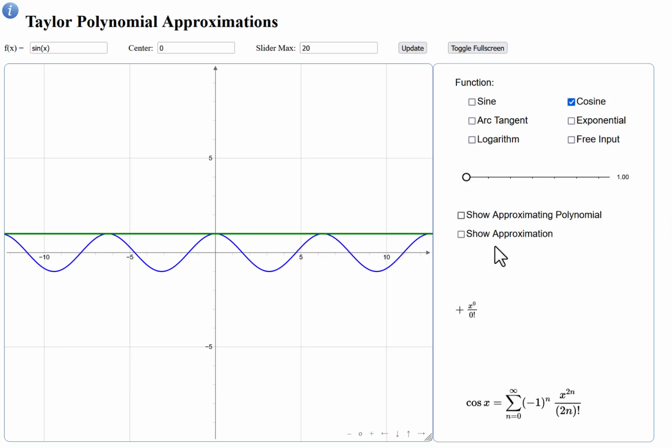If you notice here, we have the infinite series terms defined by the function that we came up with, so -1 to the n, x to the 2n over 2n factorial. And I have the function cosine here in blue, and then in green, the approximating polynomial, which in this case is just agreeing only at the centered value.